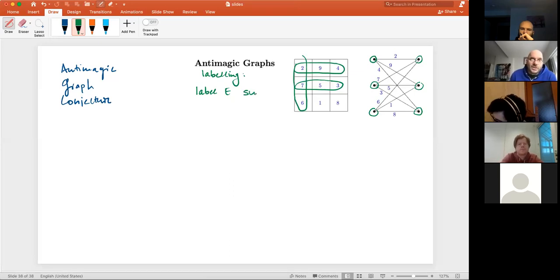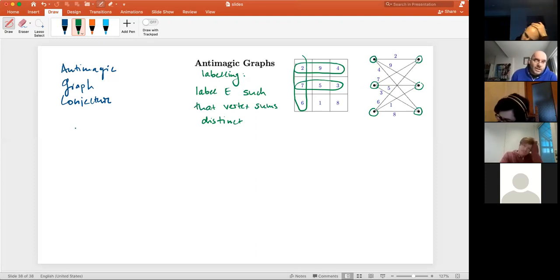That is, the sums of the labels at each vertex are distinct. Magic would be that they're the same, and so now I want them to be different.